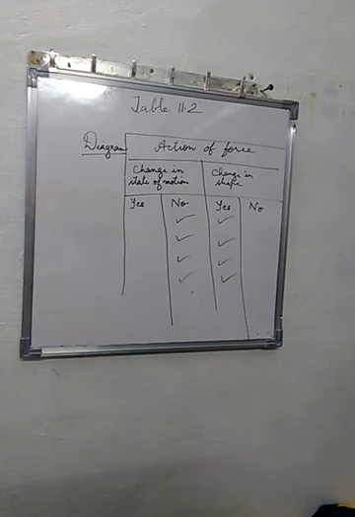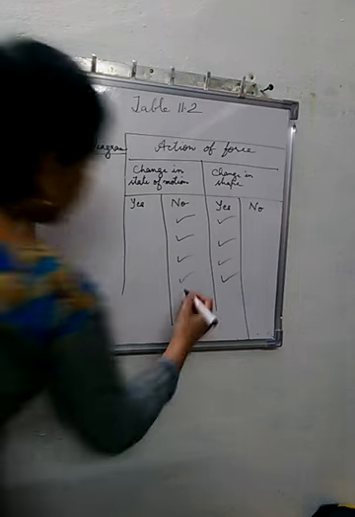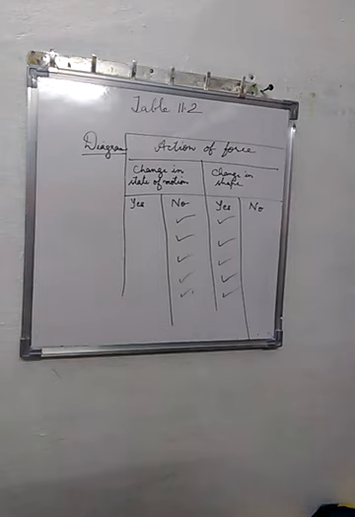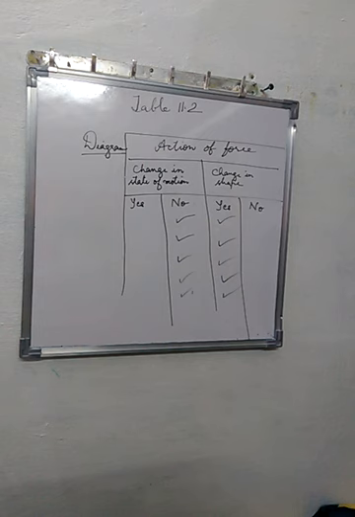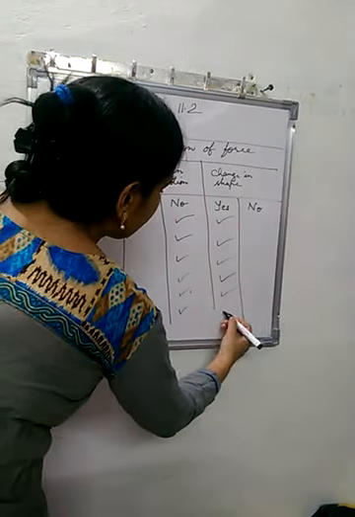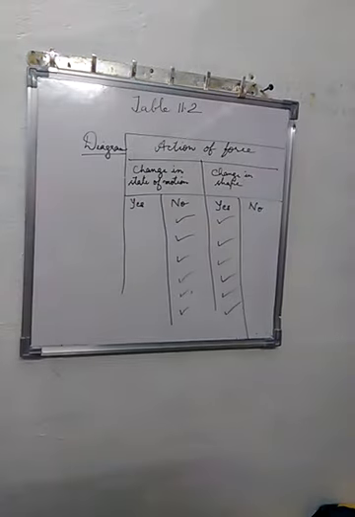By crumpling it with both hands, does it start moving? No, but its shape changes. Then a piece of sponge in your hand. How to apply force? By pressing it with your hand. It doesn't start moving, but its shape changes.